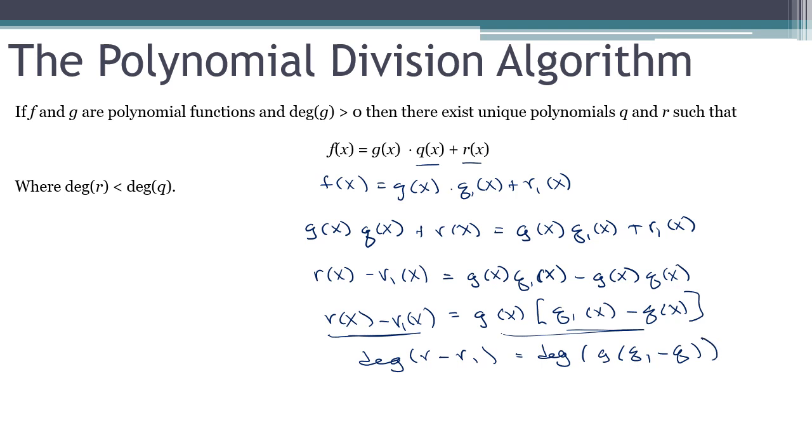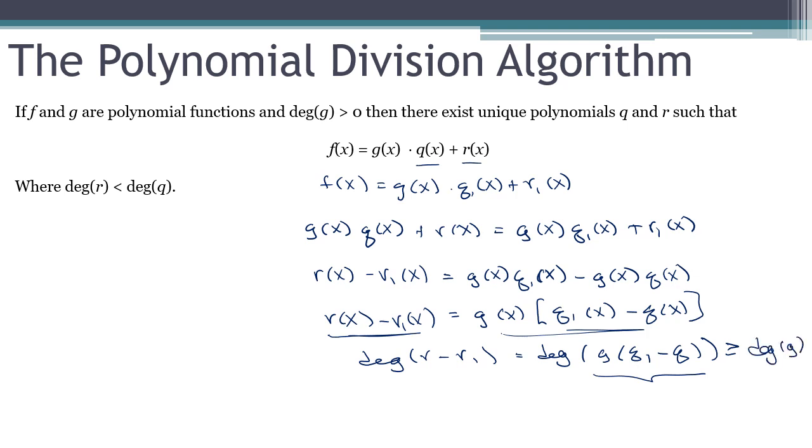All right, now think about those two cases, right? If q1 minus q is not equal to 0, then this polynomial is g of x times another polynomial. That means the degree here is at least equal to the degree of g.